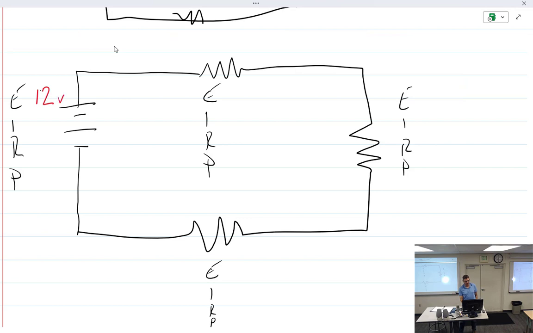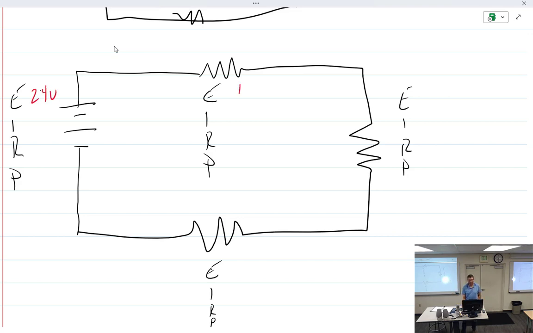12 volts. Let's see, I have an example here. I don't like any of those examples at all. They're all too easy. Let's make it 24 volts, not that it made it harder, it's just this example's there.